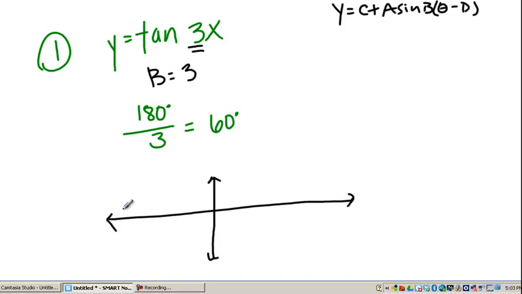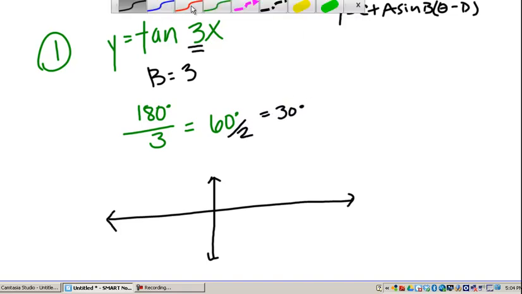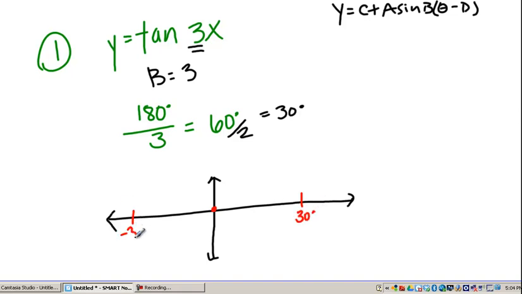Which means we're going to squish together our graph. Also, you want to divide by 2 because we've got 0 degrees at (0, 0). We've got positive 30 degrees here, negative 30 degrees there, and then you're going to halve it again.